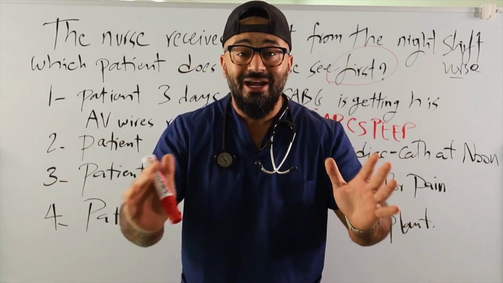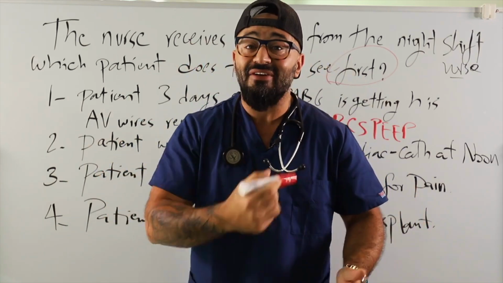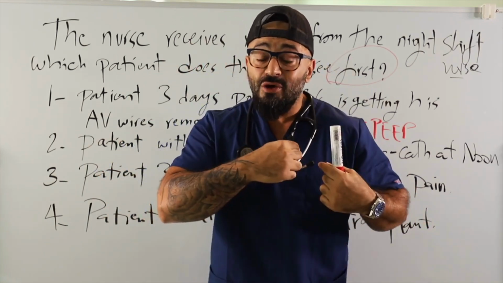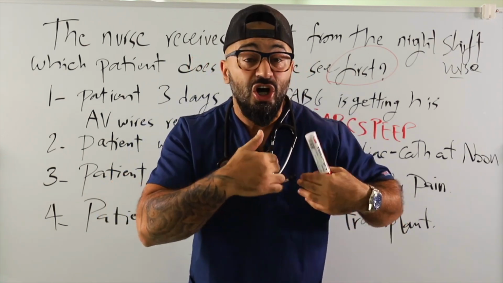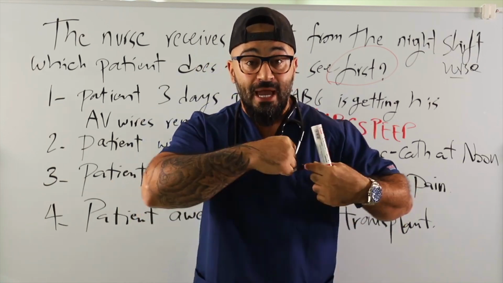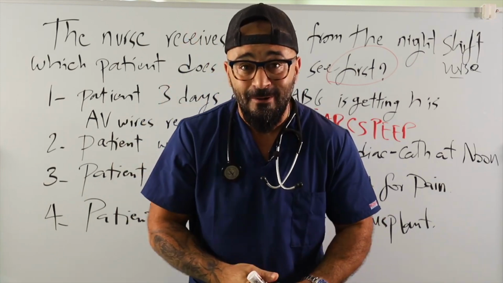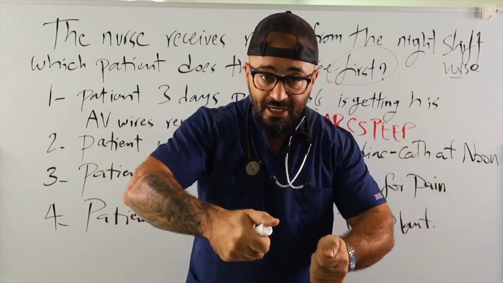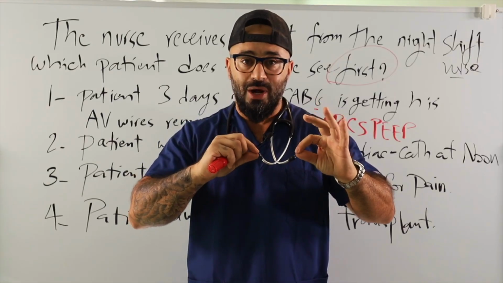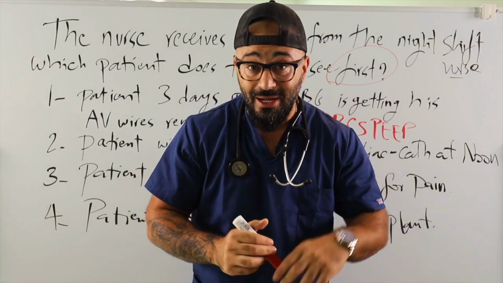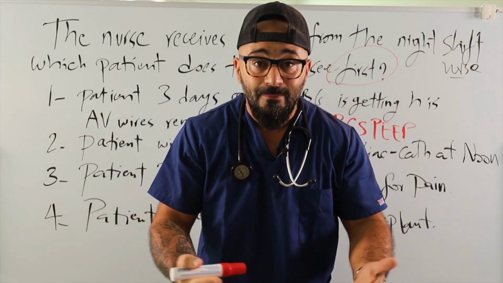In the critical care area, they have chest tubes, they have whatever, but one of the things they have is the AV wires. Those AV wires are hooked to the heart, right? And those wires are coming out of the chest, because if that heart stops beating, instead of opening the chest and defibrillating the heart, they just hook two things to the wires, and then they defibrillate the heart, right? So in this case, those wires are removed on day 3, all right?